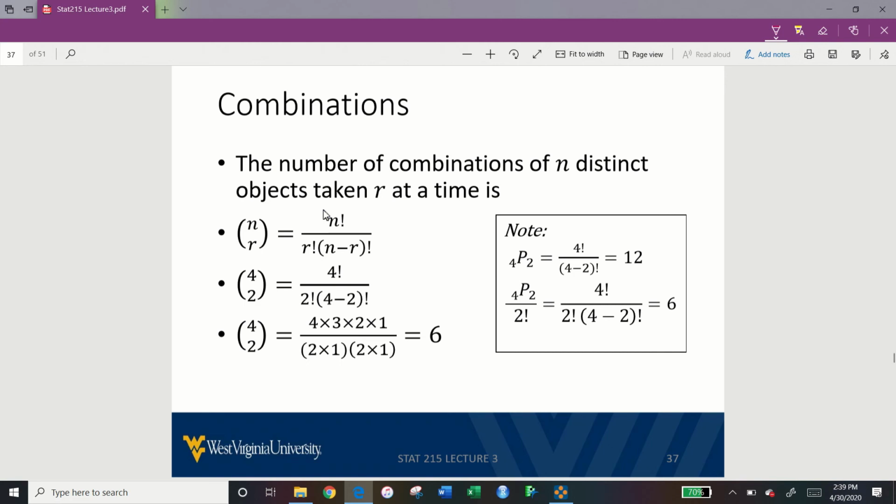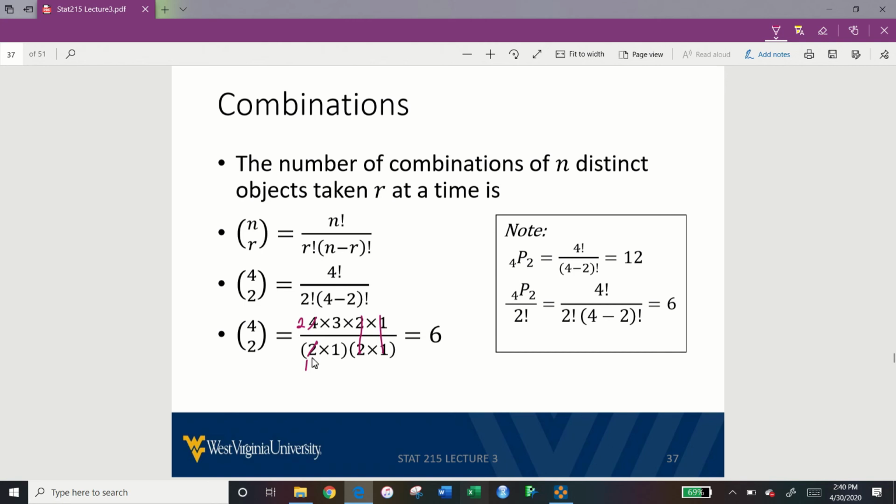Expanding this out, that means in our numerator, we would have 4 times 3 times 2 times 1 over 2 times 1 multiplied by the quantity of 2 times 1. I still like to cross things out and simplify where I can. So I know that we can simplify 4 over 2 to be 2, and in the denominator, 1, and that gives us 2 times 3, which equals 6.